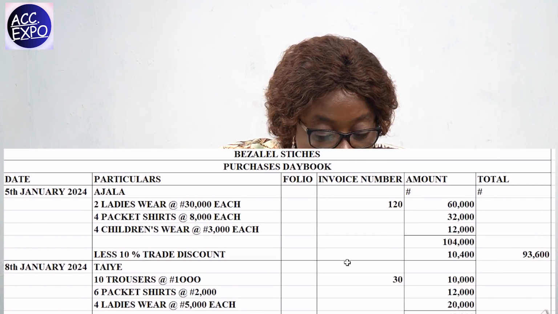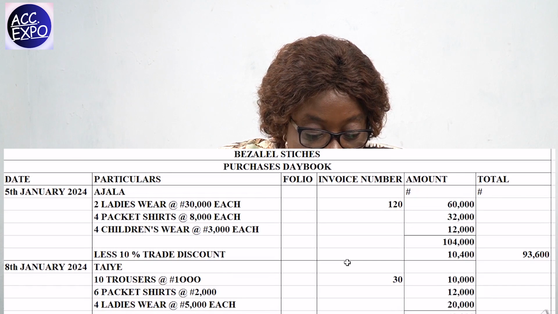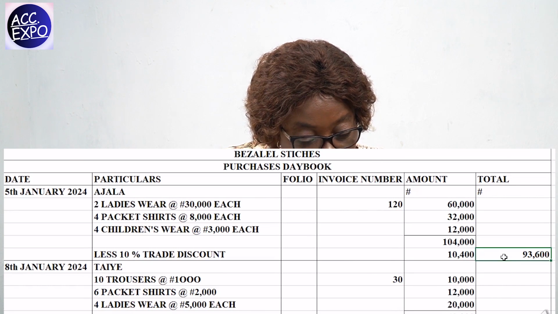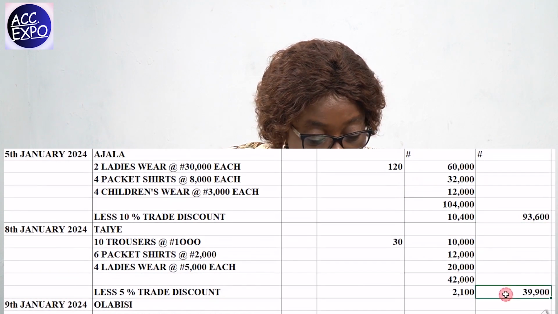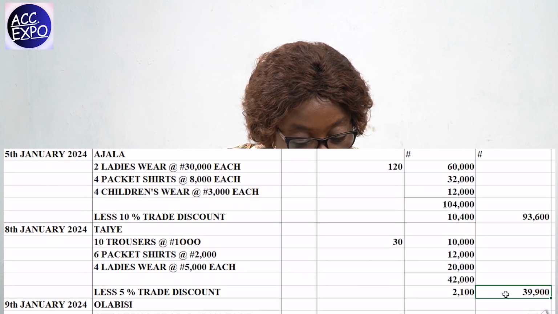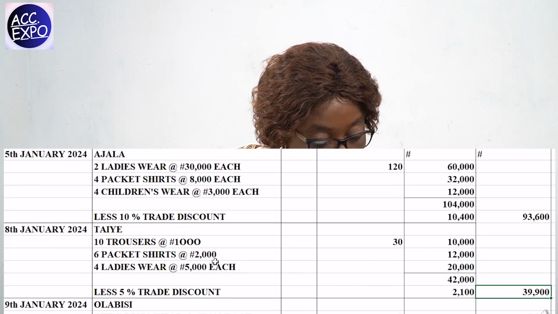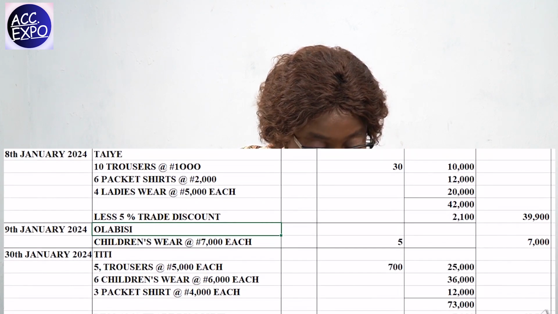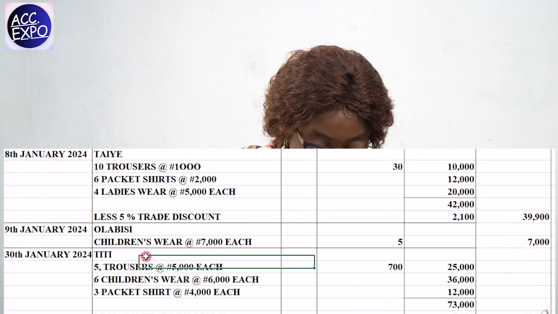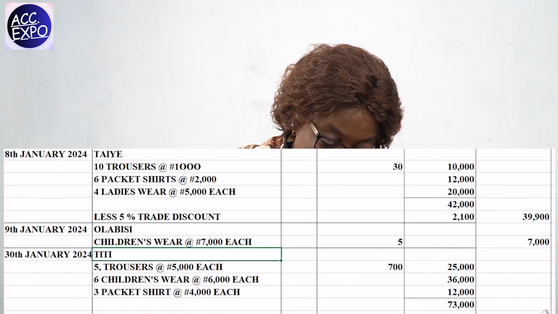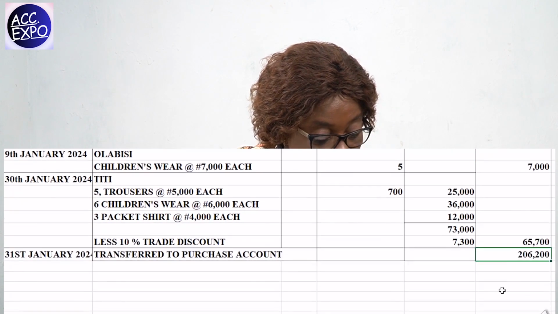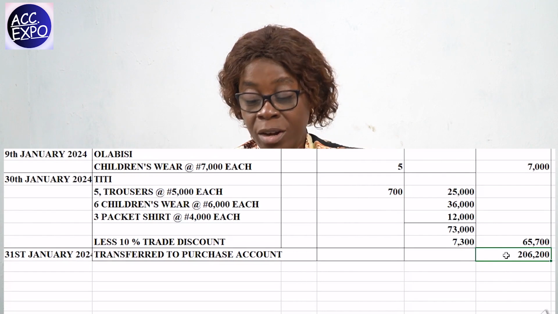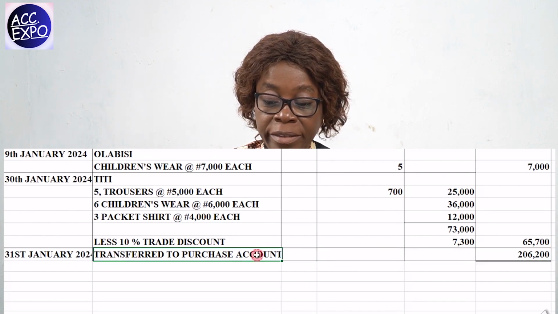So for Ajala, we had 93,600 naira, which will be added to the 39,900 naira worth of goods bought from Taye, the 7,000 worth of goods bought from Olabisi, while 65,700 naira worth of goods bought from Titi will be added. All of them will be added together, which gives us 206,200 naira, which will be transferred to the purchase account on the 31st of January 2024.